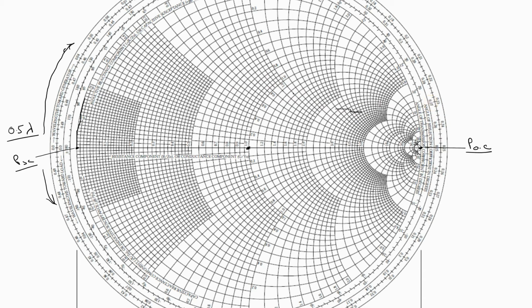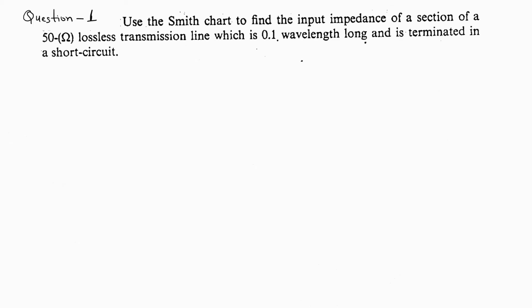Let us try to solve some problems. This is question 1. Use the Smith chart to find the input impedance of a section of a 50 ohm lossless transmission line which is 0.1 wavelength long and is terminated in a short circuit.